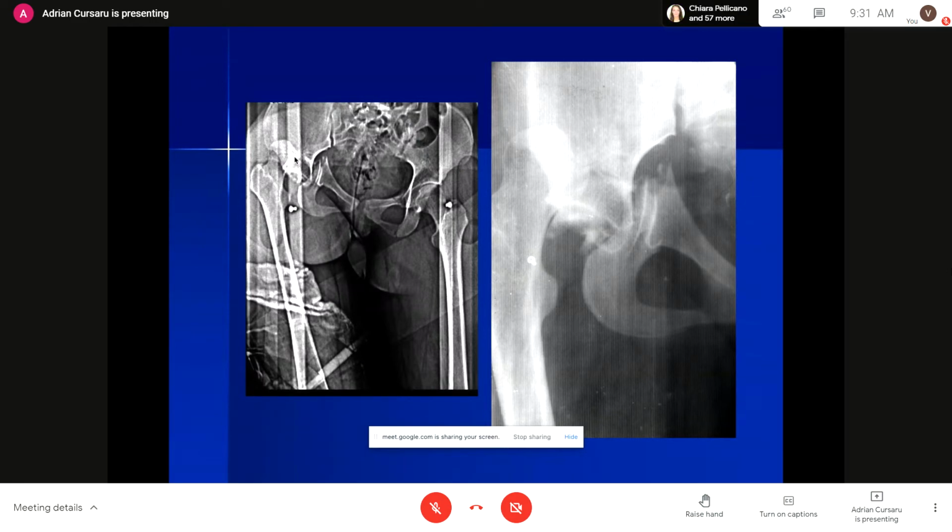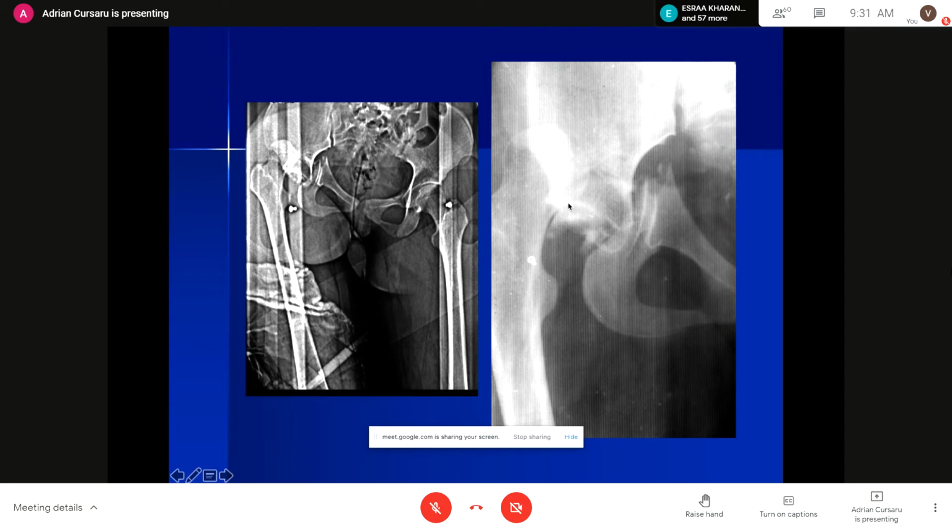Hip arthritis. Hip arthritis is the most common because you have a combination of two types of lesions. The first one, and it is very important, is an intra-articular fracture, so we have lesions on the cartilage too, here on the acetabulum area.